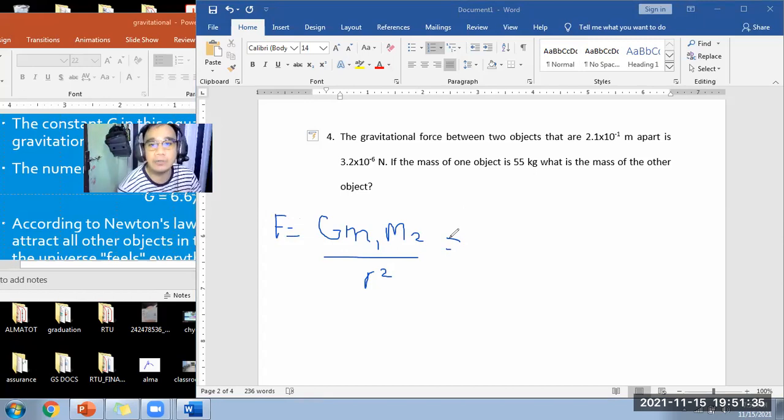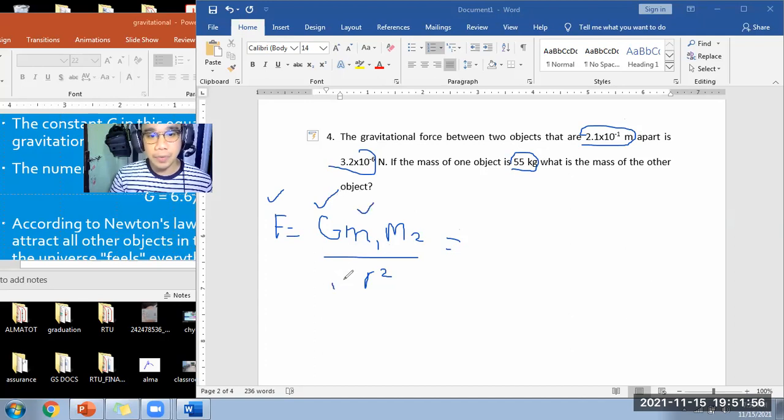Ang unang mass natin, 2.1. Ito pa rin R natin. May isang mass tayo, 55. Meron tayong G, siyempre, G is constant, di ba? May mass 1 tayo at may R squared. Ang kailangan natin ay M2. So paano natin palalabasin ngayon si M2?